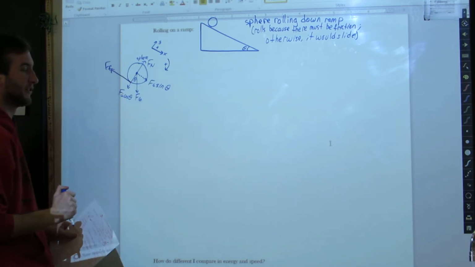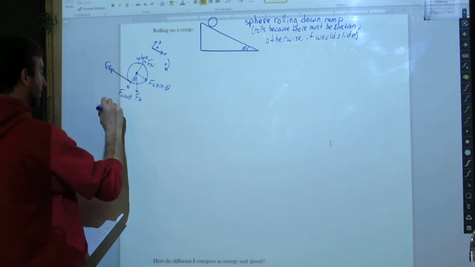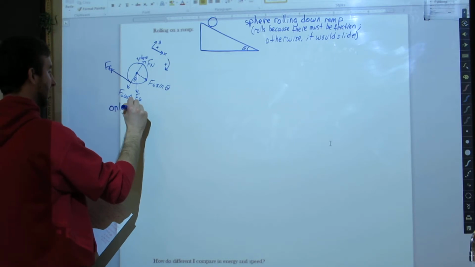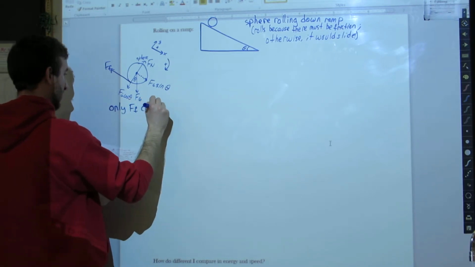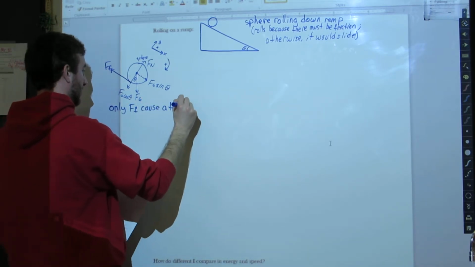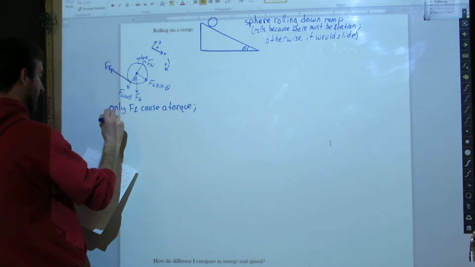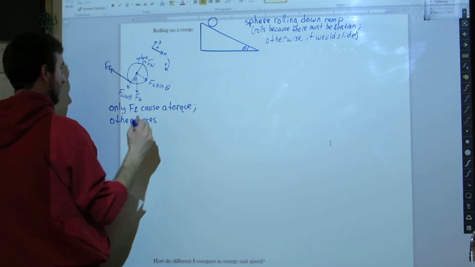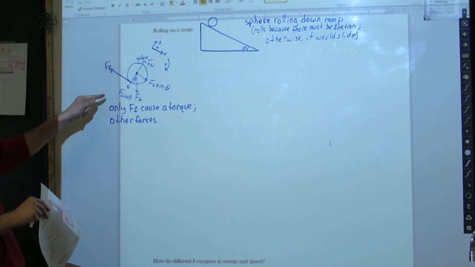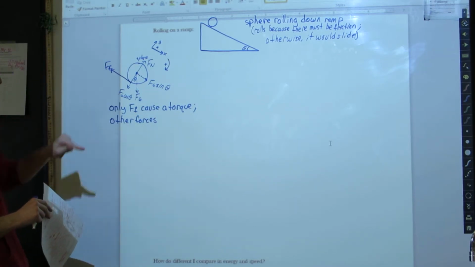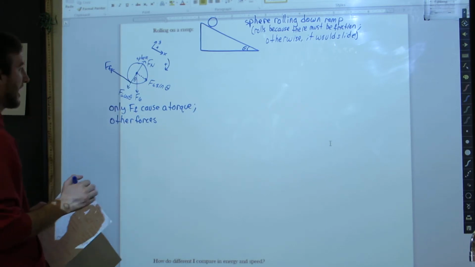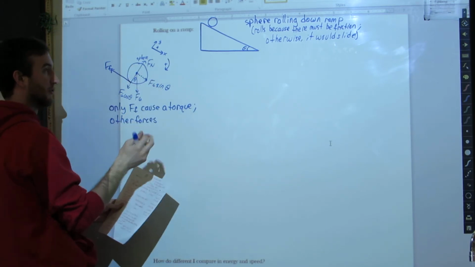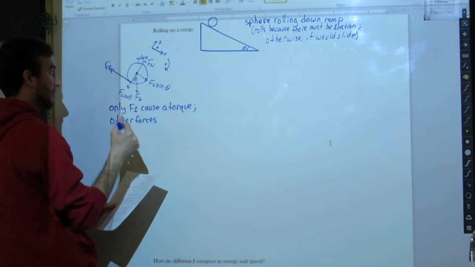Out of all these forces, only one of them causes a torque. Only the force of friction will actually cause a torque. The other forces, well, let's take a look. We've got components, they don't really count. The force of gravity acts right at the center, or at the axis of rotation. The sphere is rotating about its center.